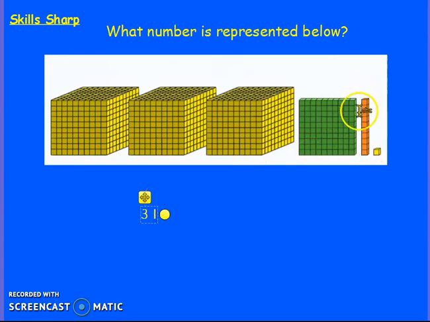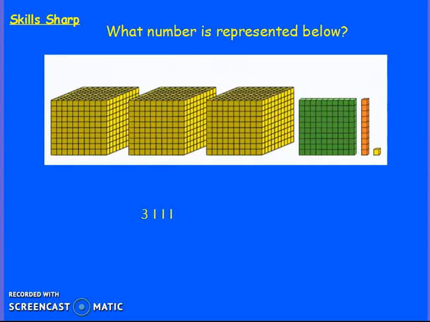This shape here is a 10. I've got one of those. And this shape is a 1. Could you read this number out for me? Let's do it together. 3,111. Well done if you did that right.